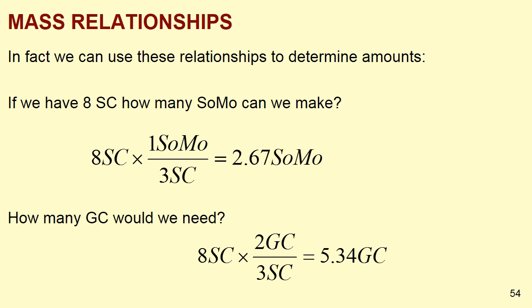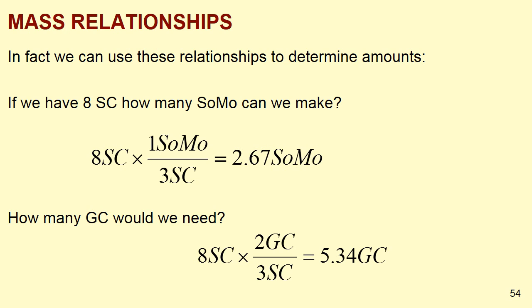Again, I put my squares of chocolate on the denominator because that unit will cancel, and I put s'mores on the top because that's what I want to know. So I start with 8 squares of chocolate, divide by 3 squares of chocolate, multiply by 1 s'more, and I get 2.67 s'mores, or 2 2/3 s'mores. So you could start with any number, use a conversion factor, and figure out how much you need.